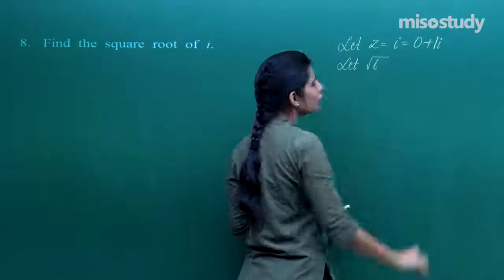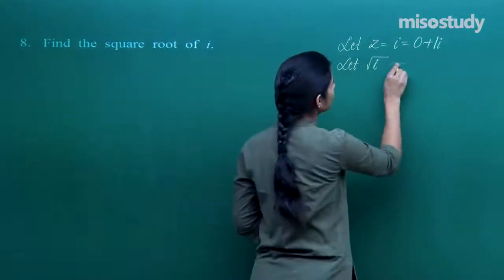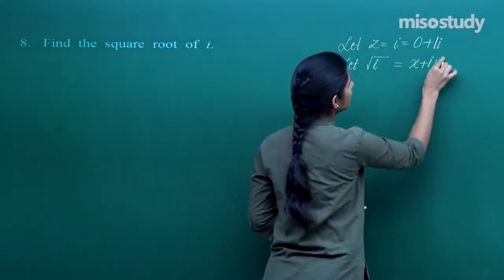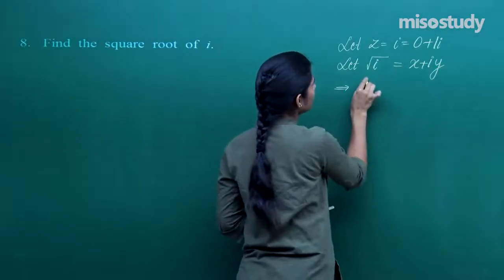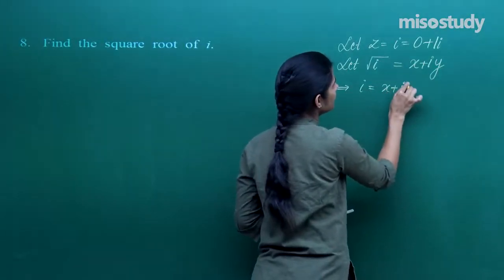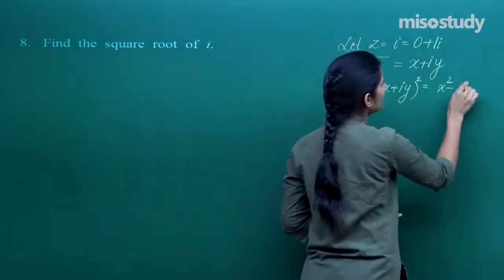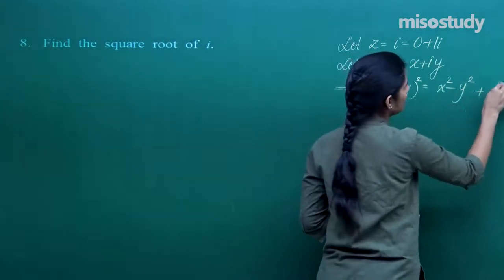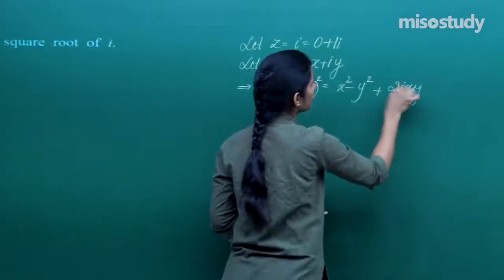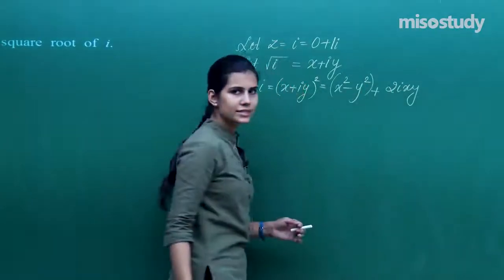I am interested in root i, the square root of i. Suppose this is equal to x plus iy. So i will be equal to (x plus iy) whole square, which is x square minus y square plus 2ixy. This is the real part and 2xy is the imaginary part.